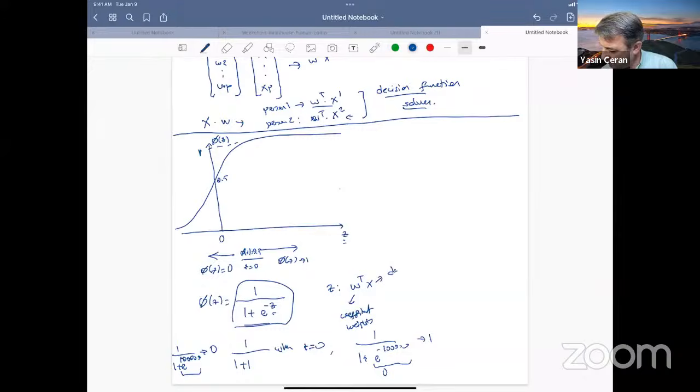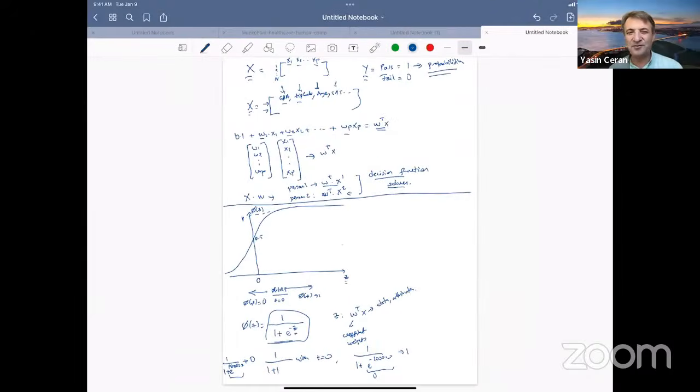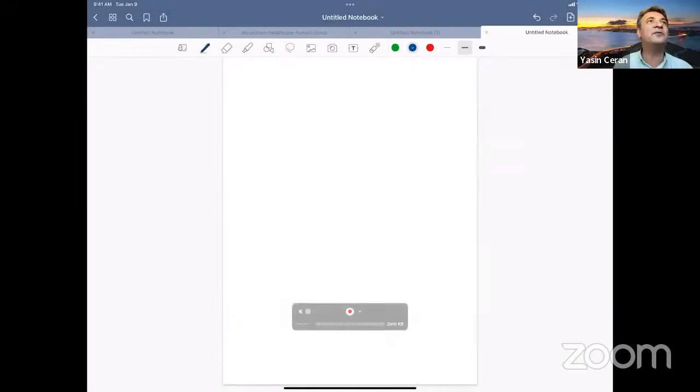X will be my data attributes. Okay, so this is just the beginning. So we know what phi of z is, what z corresponds to, what W corresponds to, what capital X is, what Y is.